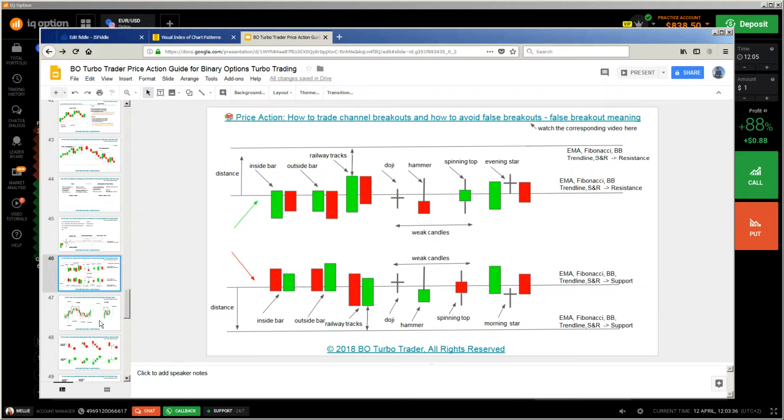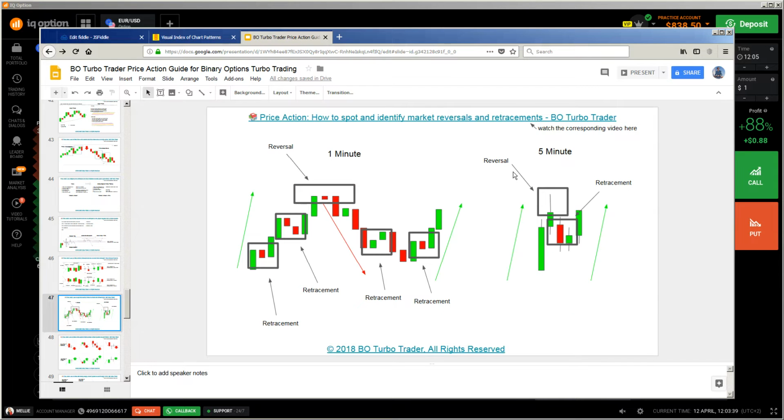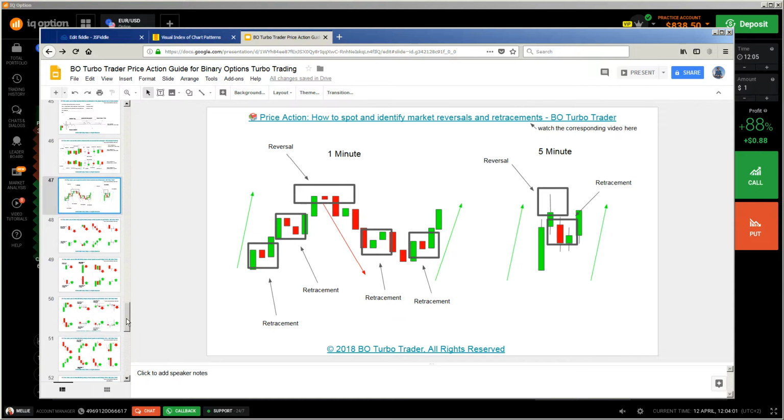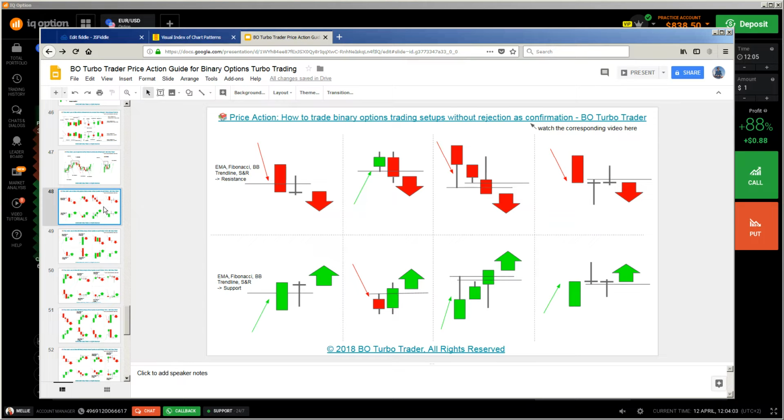And last but not least, this video where I explained the reversal and the retracement. So let me see where the higher time frame retracement is in a lower time frame reversal. You see here a reversal, and in the higher time frame you have a retracement. Then we are going to talk about the trading setups which I have explained.